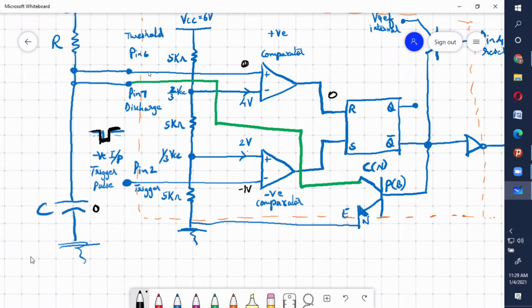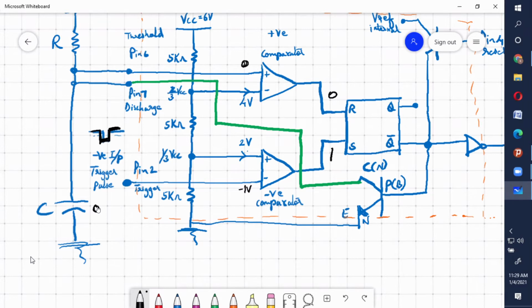So the negative comparator will output what? 1. Whenever Vin is smaller than your V reference for the negative comparator, output is 1. Logic 1.